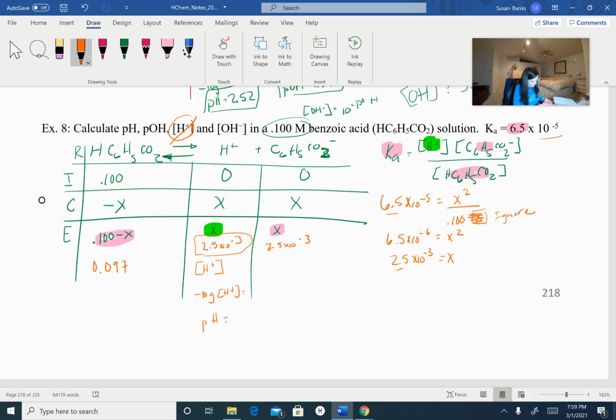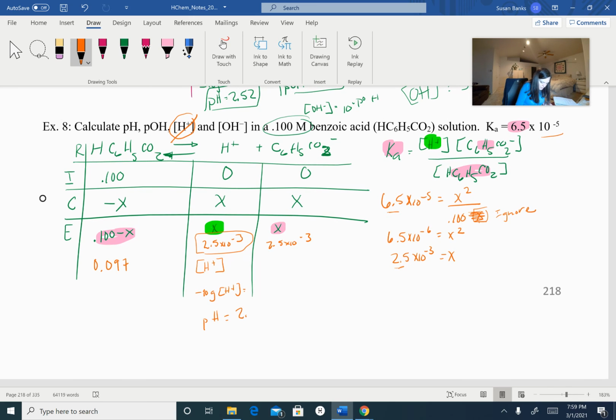I'm going to take the square root of 6.5 times 10 to the negative 6 again. Now I'm going to take the negative log of that. So glad that there are answer buttons here so that I can just cut and paste things. That gives me a pH to the hundredths of 2.59.